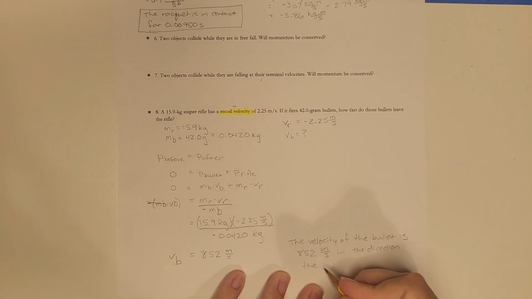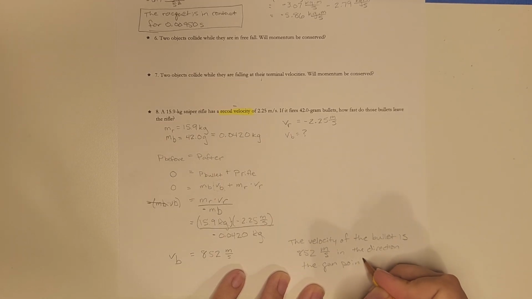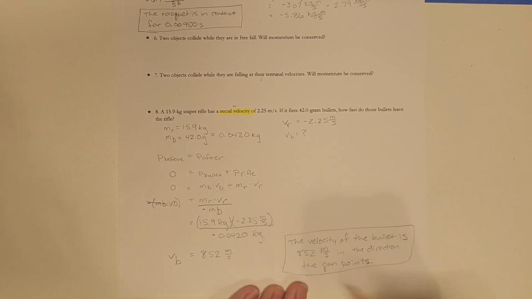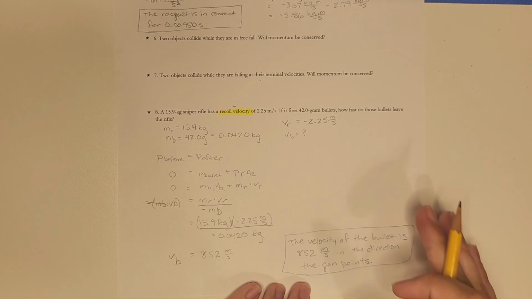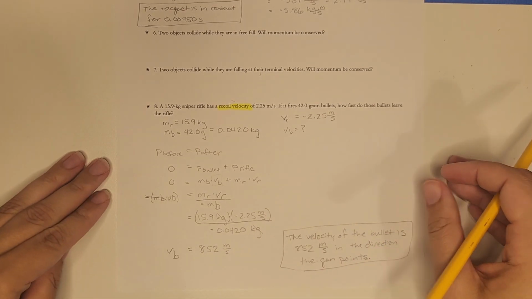You can't really say away from the gun because that could be any direction away from the gun, but in the direction the gun points. And of course, this question didn't actually ask us for velocity, so you could have just said the speed of the bullet is 852 meters per second.